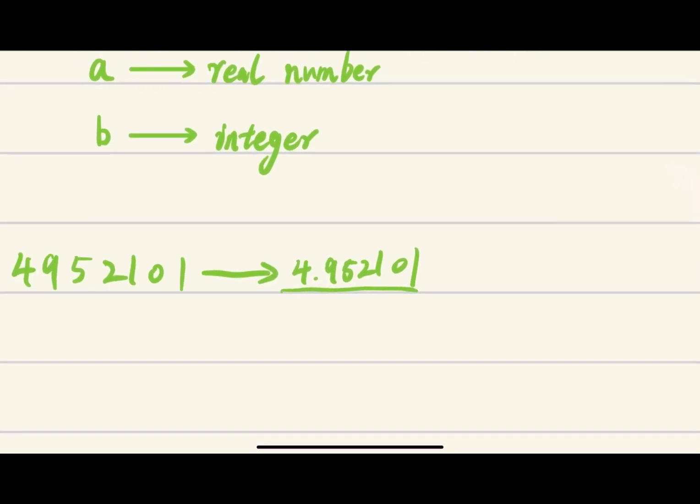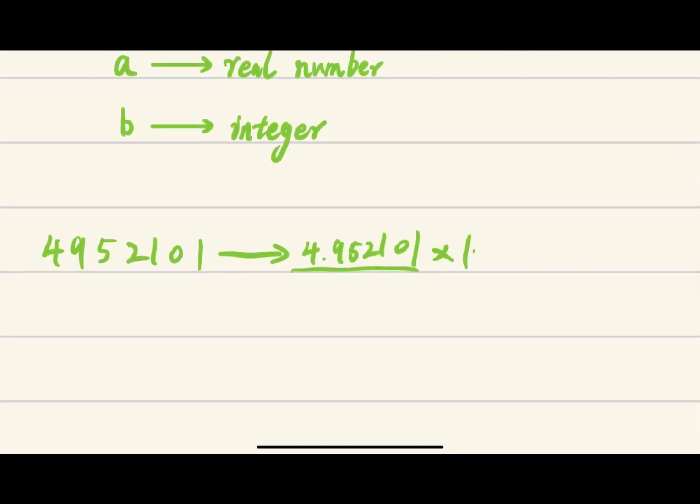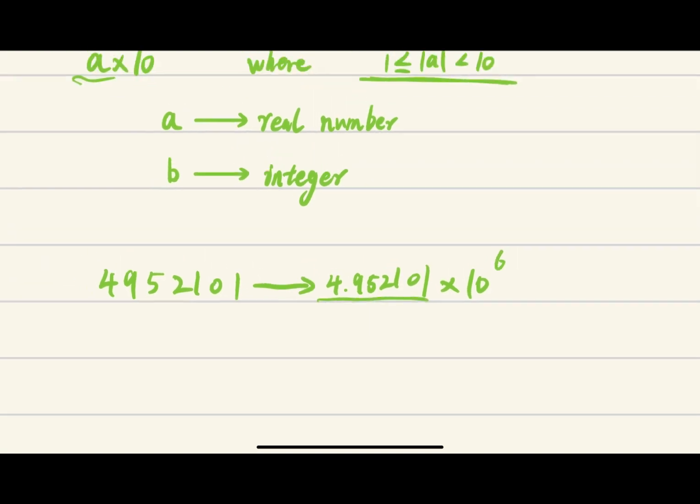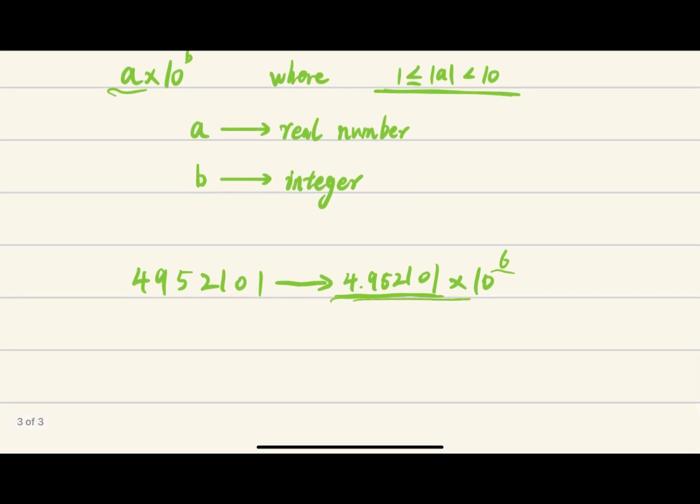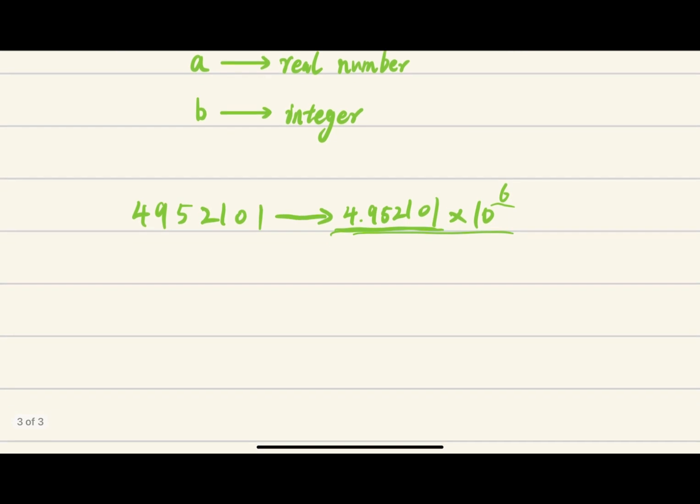Then it's going to times 10 to the power of what? We can see here, 10 to the power of 1, 2, 3, 4, 5, 6. So 10 to the power of 6, and we are done. We found our a, we found our b, and this is a rather neat form of writing the number.